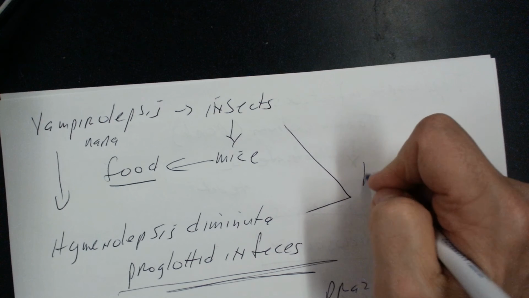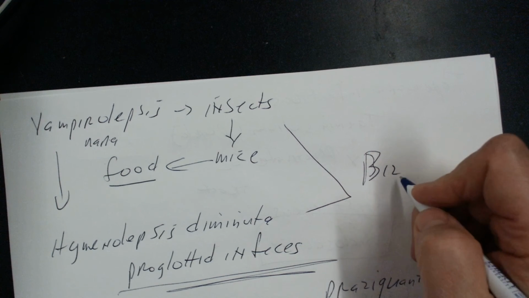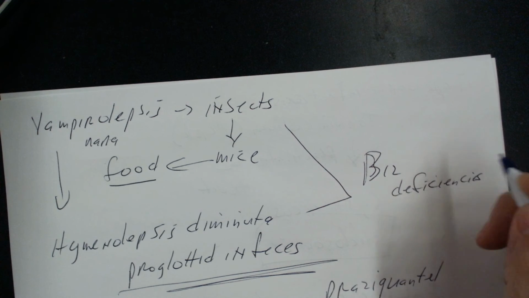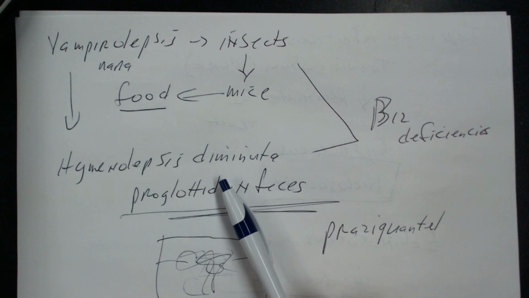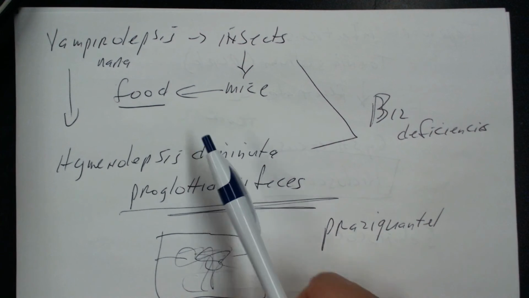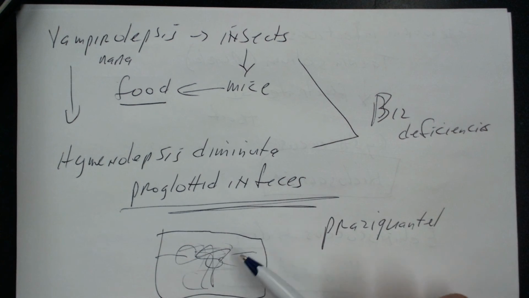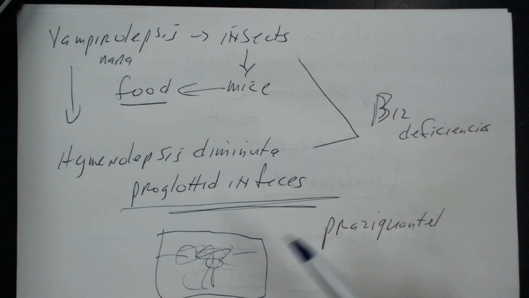These can cause B12 deficiencies. Sometimes you get these people who take diet pills from overseas, and those diet pills are filled with tapeworm proglottids. And praziquantel will get rid of those.